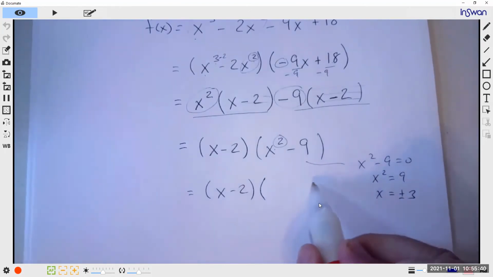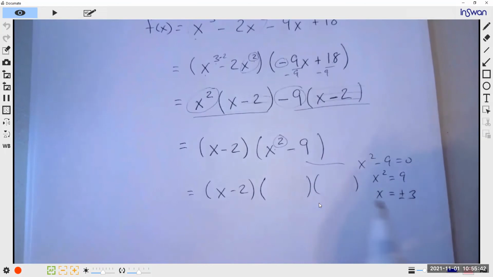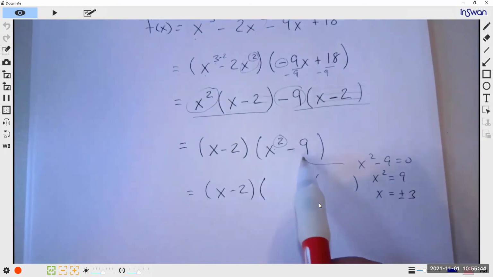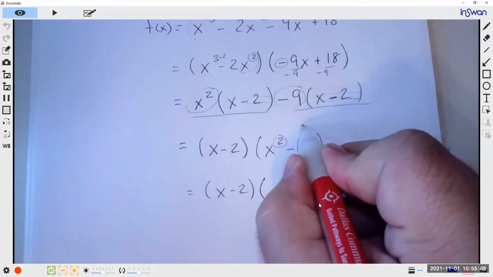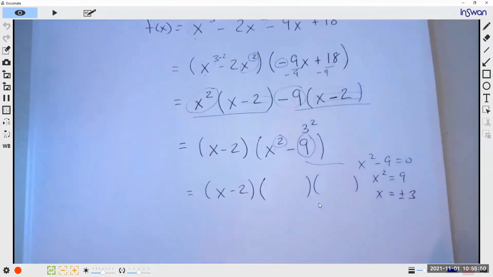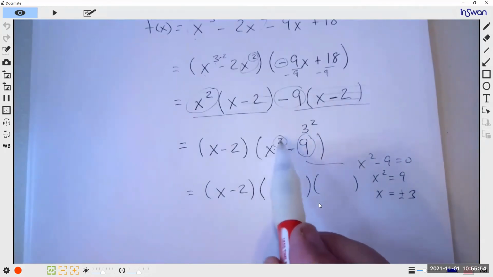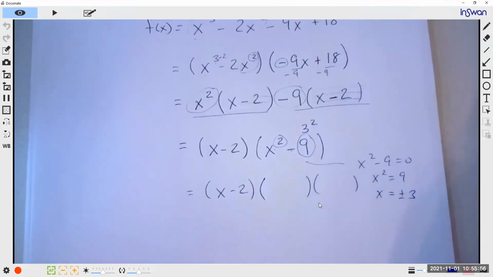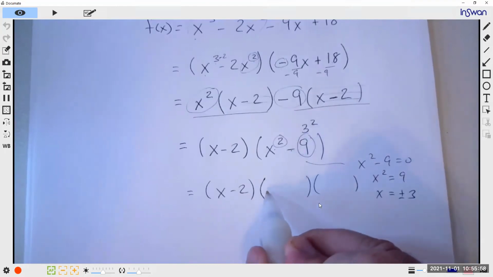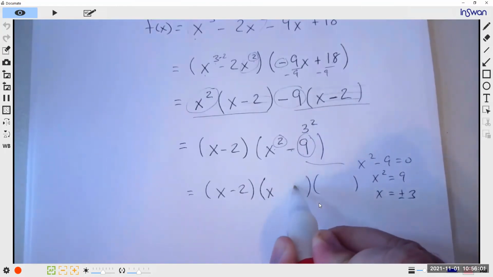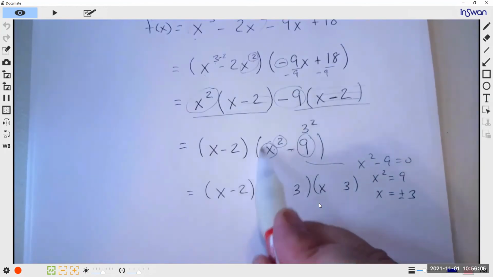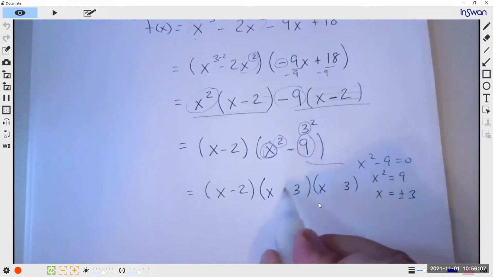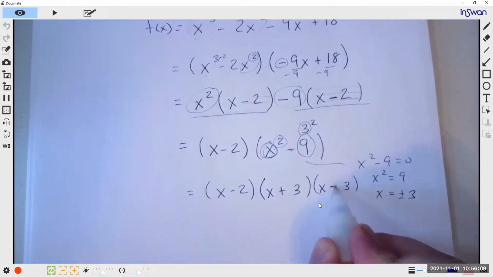But we discussed we can also factor this one out because 9 is made up of 3 squared. So we have the difference of 2 squares, which means I take the numbers that are inside the parentheses, x and 3, and one sign has a positive, one sign has a negative.